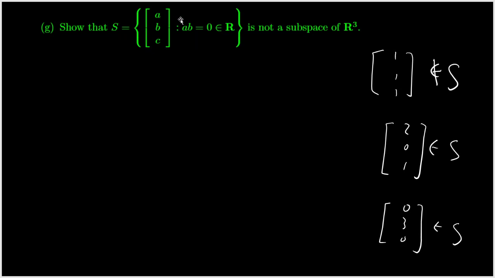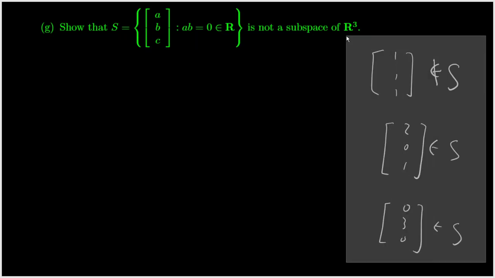Can I just say the condition is that at least one of A and B has to be 0, right? I mean at least one of the first two components is equal to 0. That is a condition under which the vector is in S. I hope I made the thing clear.